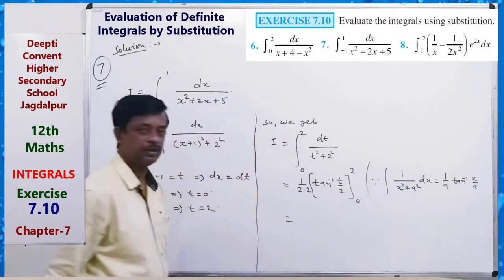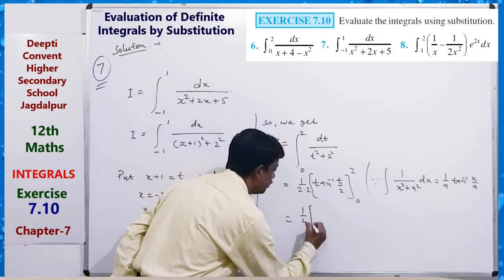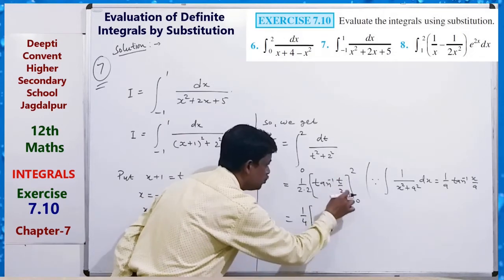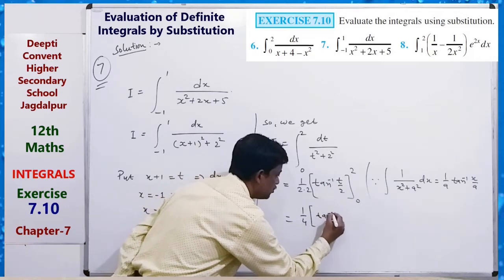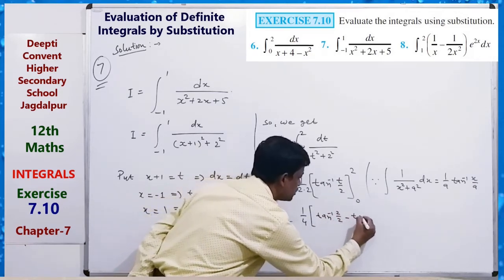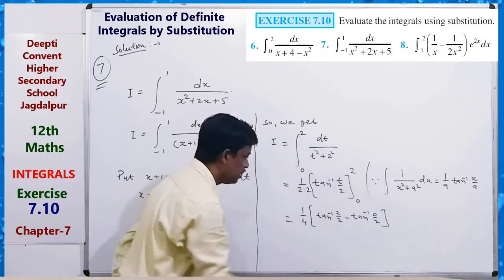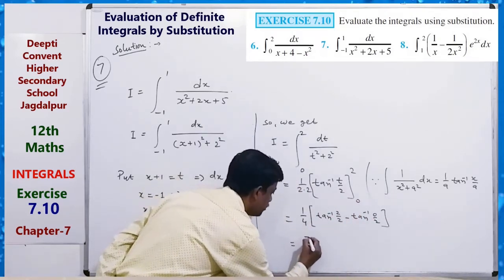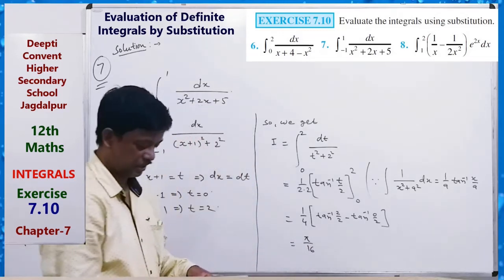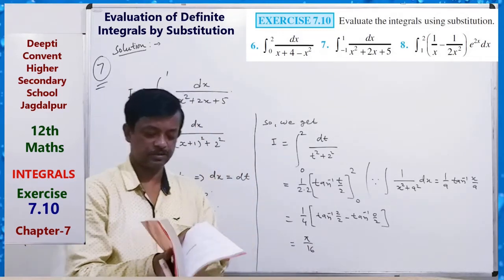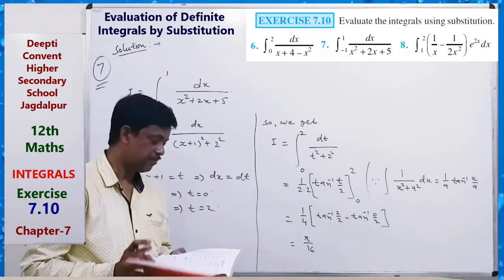So we get the value 1 by 2 times tan inverse 2 by 2, which is tan inverse 1, minus tan inverse 0 by 2. Tan inverse 0 is 0, and tan inverse 1 is pi by 4, so pi by 8.